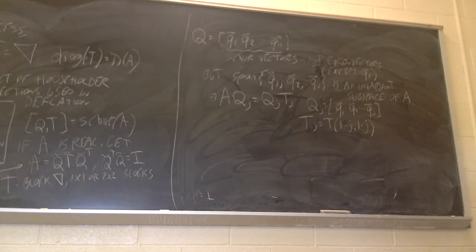But the thing is, right now I'm talking about the case of a general matrix, but now I'm going to talk about a class of matrices for which the Schur vectors and eigenvectors are the same.